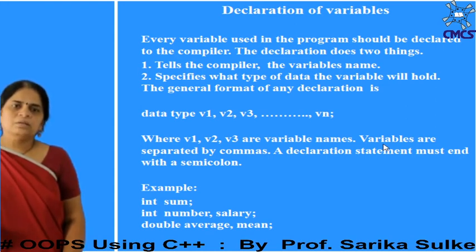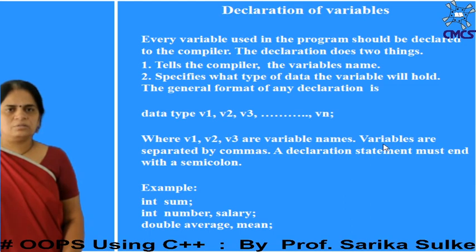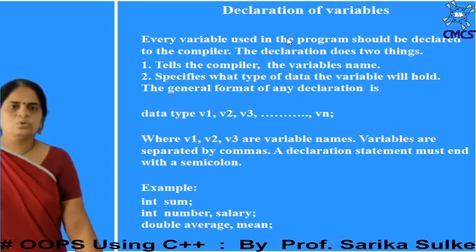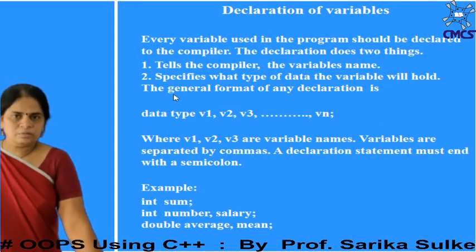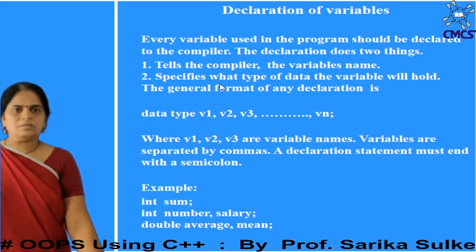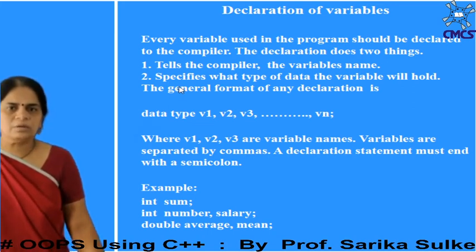In C, there is a particular declaration section; variables must be declared after the main function only. But in C++, declaration of a variable can be anywhere in the program, but before use of the variable. Declaration syntax is the same as C, no difference in the declaration.